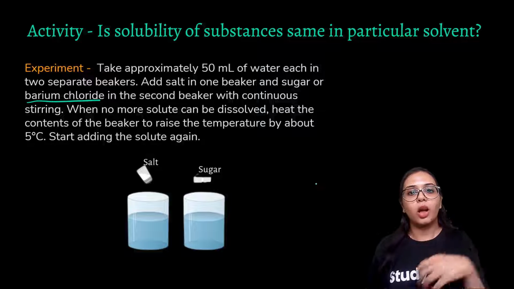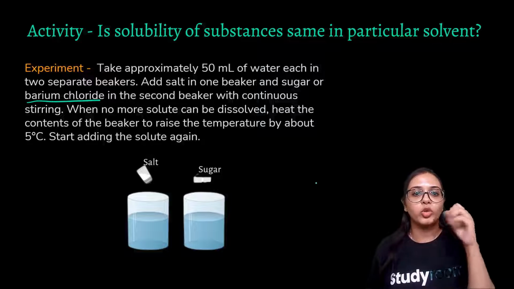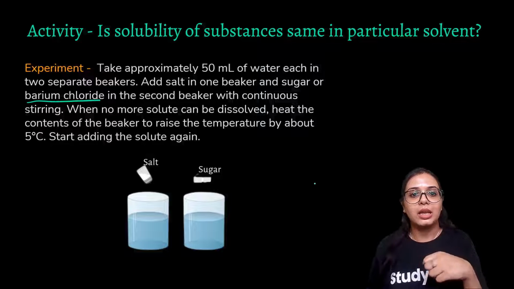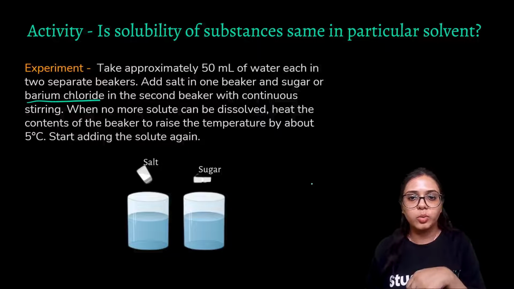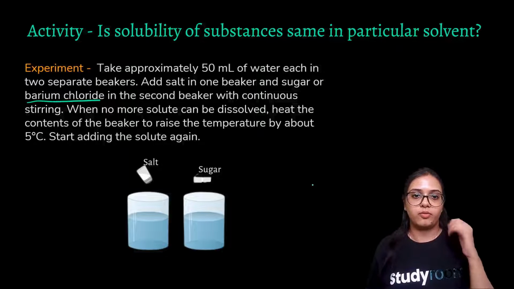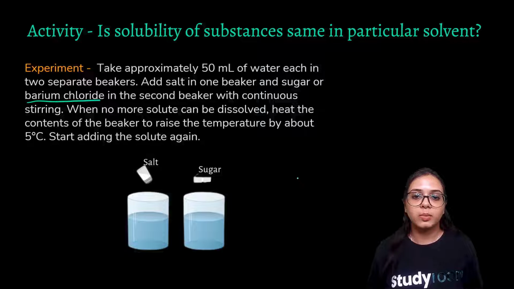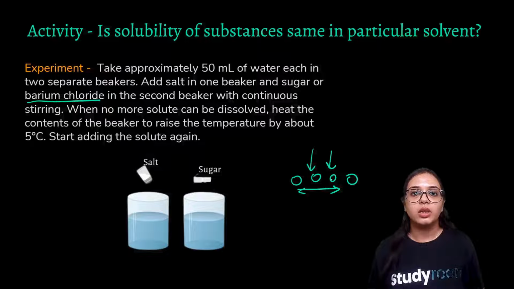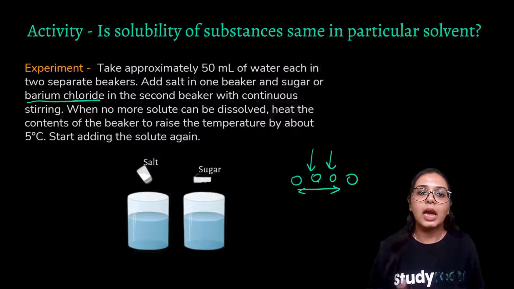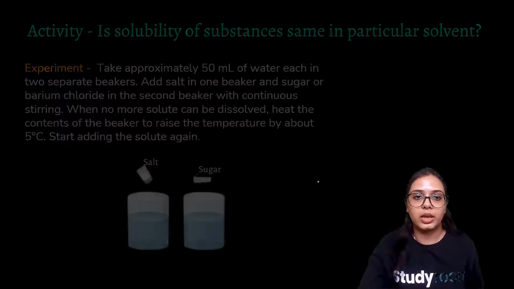When no matter how much more salt or barium chloride we add, it is not able to dissolve into water, we heat the contents so that the intermolecular space increases. With the increase of the intermolecular space, more particles of salt or barium chloride may get the opportunity to dissolve. So we raise the temperature by about 5 degrees Celsius, and then we start adding the solute again.